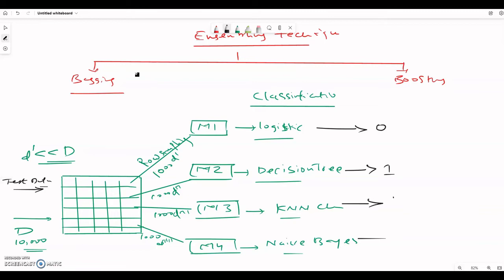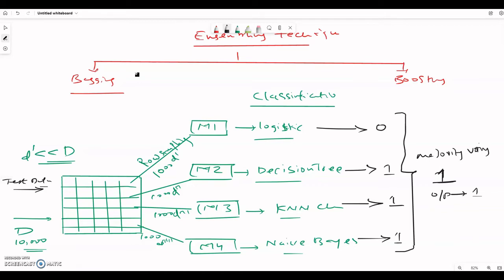Suppose with the KNN classifier we have got an output of 1, and with naive Bayes we have got an output of 1. So here majority voting will be considered. Whatever comes in the majority voting will be our output. Here the majority voting is 1, so our output will be 1. This is so simple.